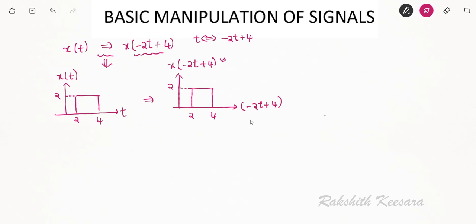This is okay, but in the axis this should not happen. Our axis should be unaltered. So what we should do is convert this back to t. For this, first we should subtract 4. What will happen if we subtract 4?